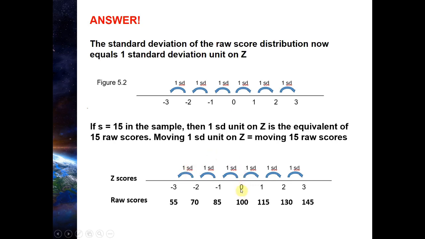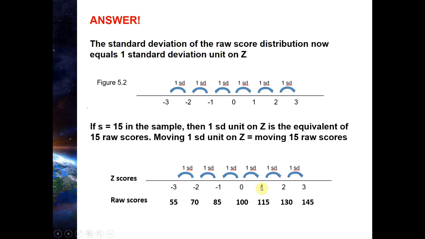So if we start at 0, which is 100 in raw scores, right? 0 becomes 100. If I move 1, that means I've moved 15 raw scores, but it's 15 raw scores above the mean. So 1 is the equivalent of an IQ of 115 because I just added 15. If I move 1 here, I'm moving 15 down here. So what about moving from 1 to 2?